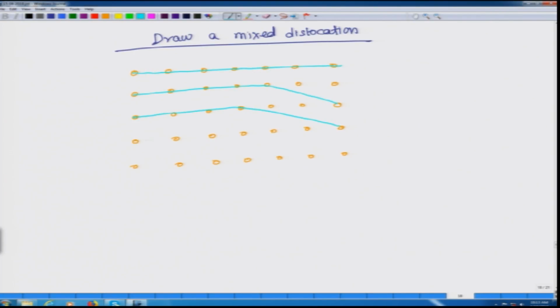There is another displacement over here, and yet another, and yet another.